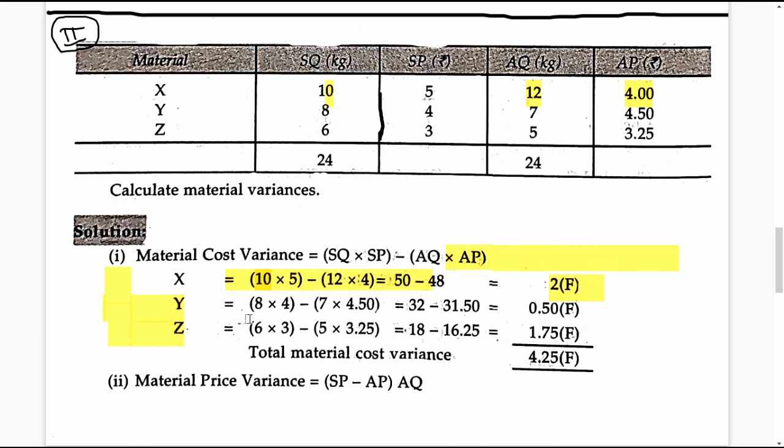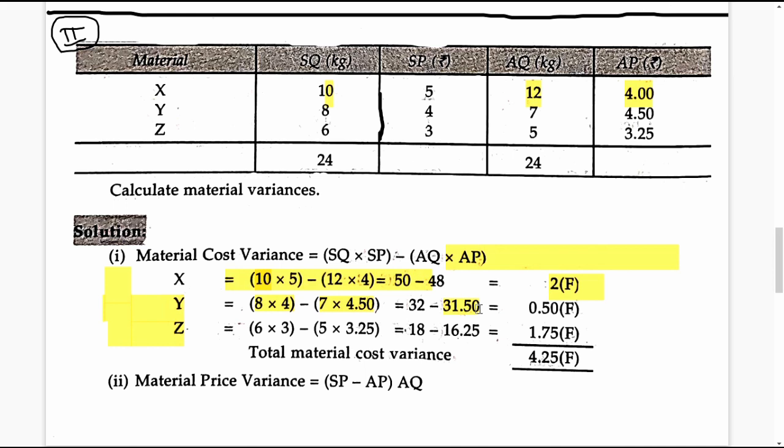Then for material Y, standard quantity 8 kgs into standard price 4 rupees, minus actual quantity 7 kgs into actual price 4.50, is equal to 32 minus 31.50. Here you find the actual cost is lesser than the standard cost by 50 paise, therefore the answer is favorable.